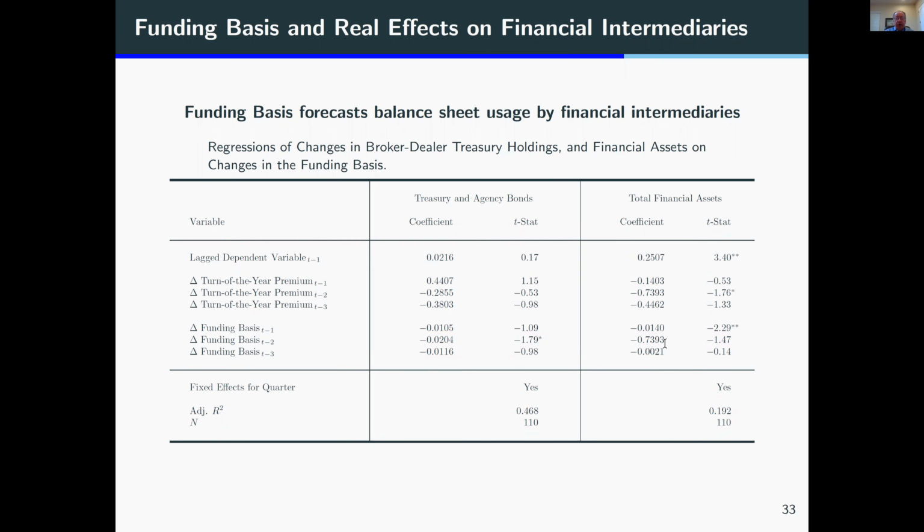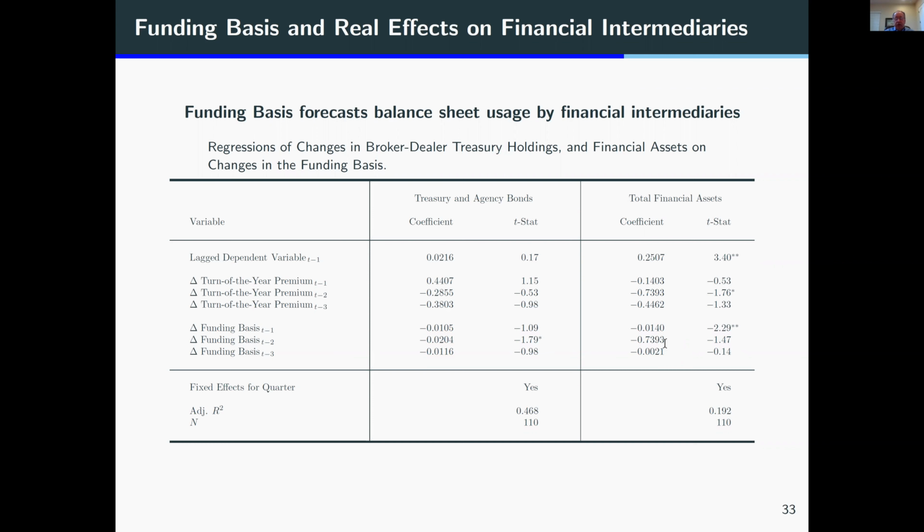So we regress, for example, changes in broker-dealer treasury holdings on the changes in the turn of the year premium and in the funding basis. And while it's not super strong evidence, we do find that when the funding basis goes up, at least one of its lags, broker dealers tend to hold a little less Treasury and agency bonds on their balance sheet.